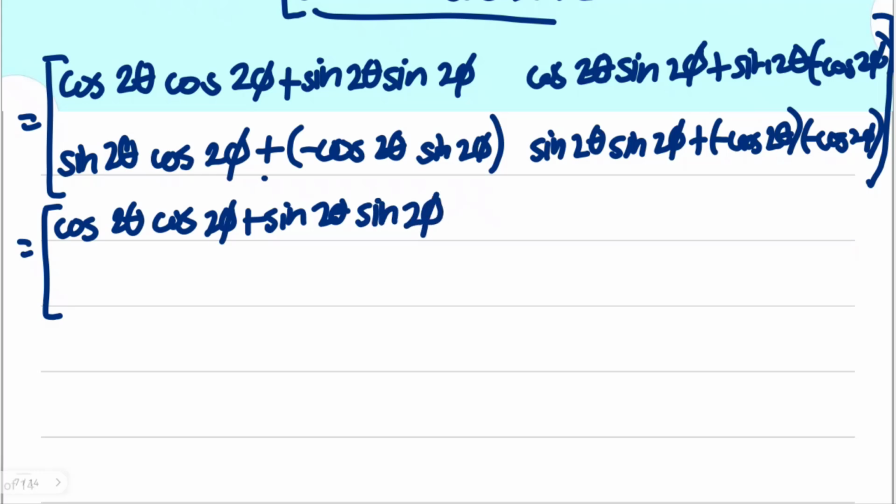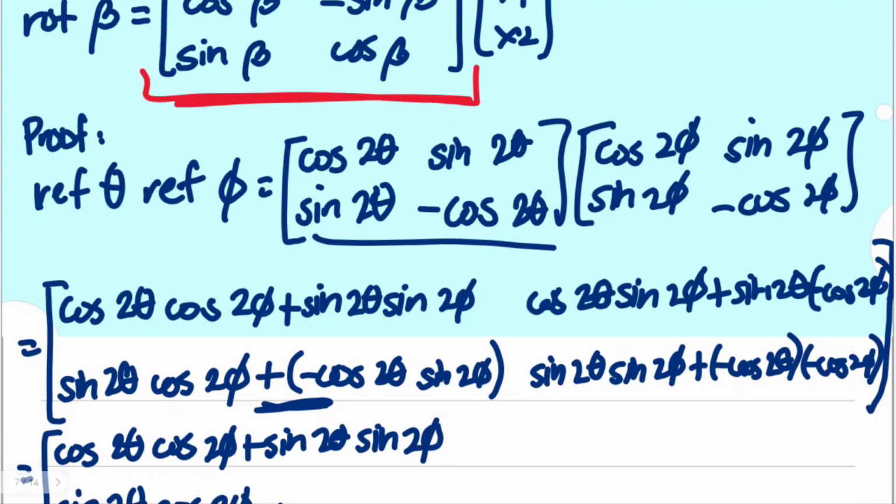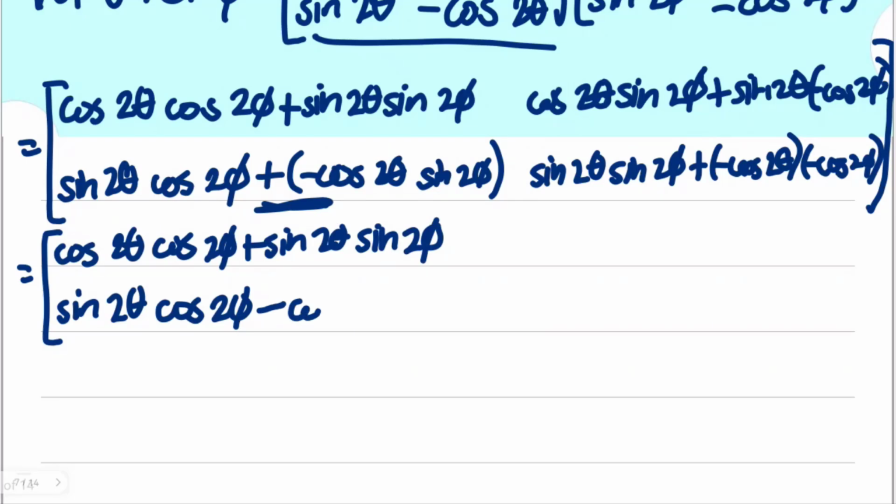At the bottom, apply here sine twice theta, cosine twice phi, minus, if I'm correct, right? Minus cosine twice theta, sine twice phi. Sorry, that's phi.